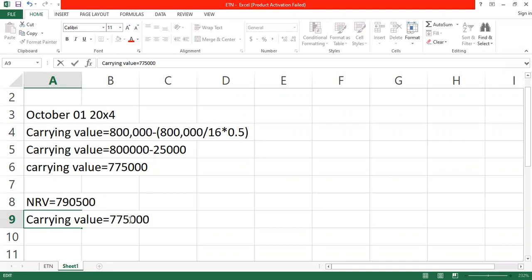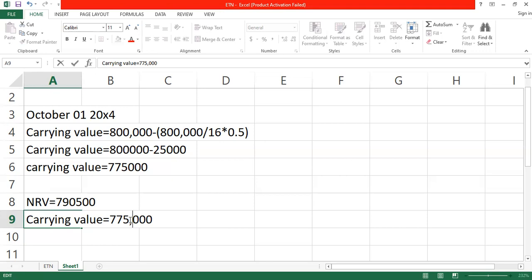But if the asset is carried under the revaluation model, then at the date of classification we assume that we revalue the asset to 790,500. Then we recognize the revaluation gain before we classify the asset.